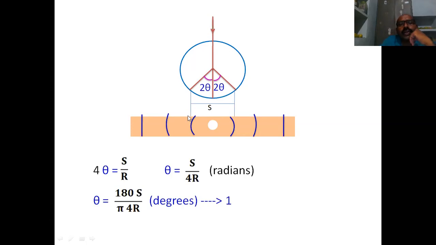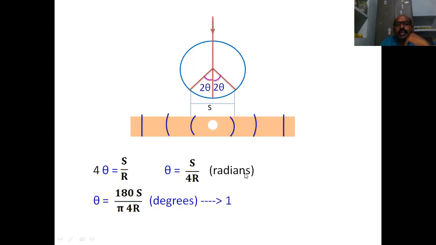So the arc length is equal to R times the angle. With that radius camera, 1 degree of angular position is equal to 1 mm of arc length.